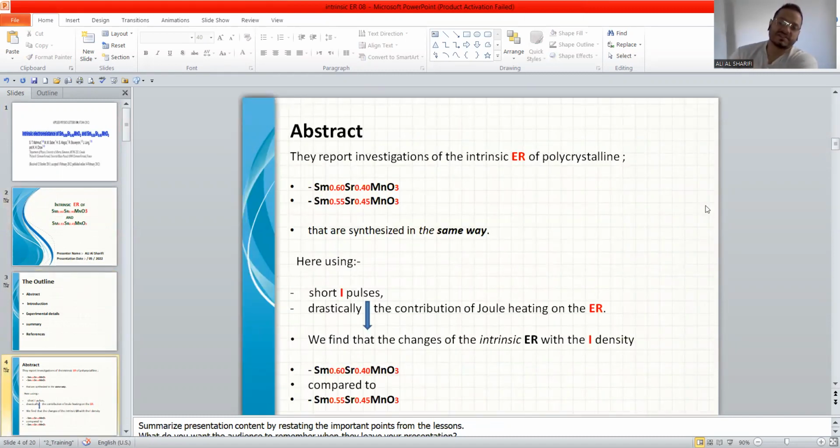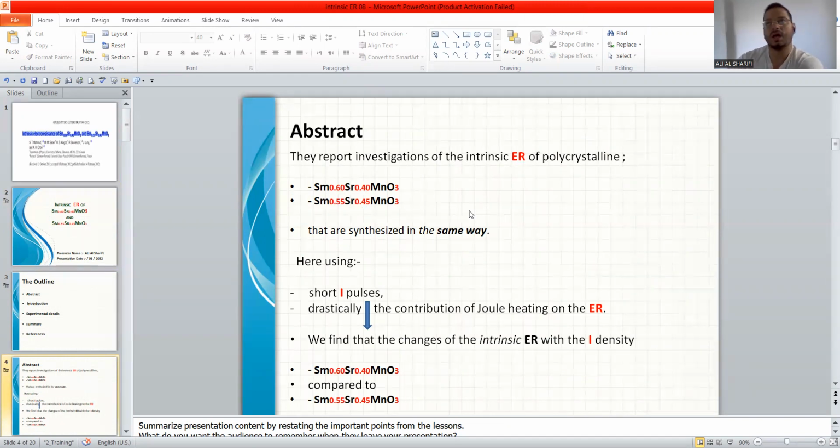Here at the first slide about the abstract, the author focused on two components, like I said before. The same components, the same structures, but with different concentrations. All of these components were made the same way.